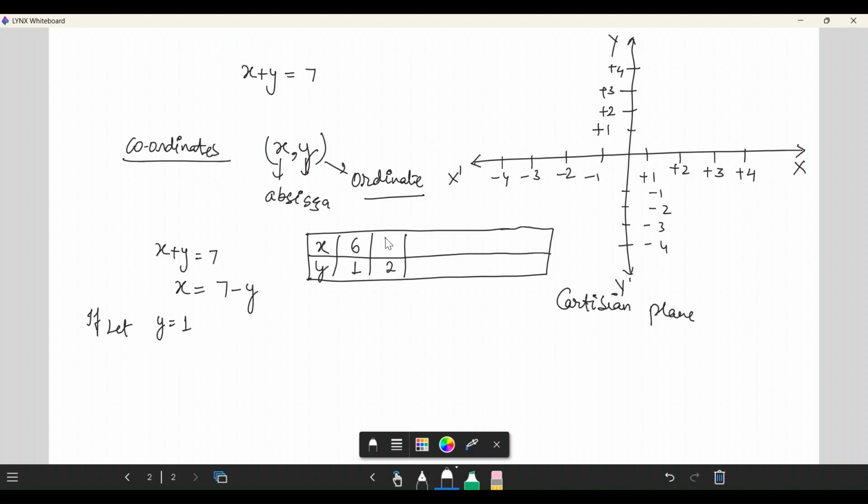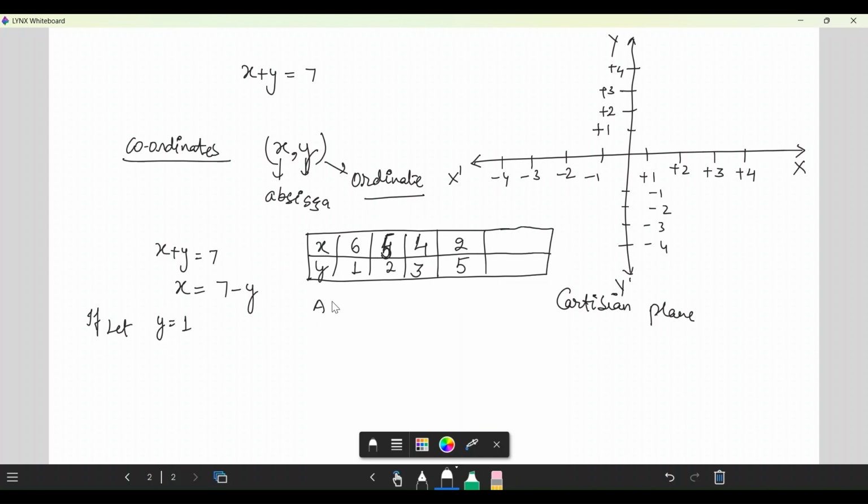If I put the value 2, then it is 5, not 4. If I put 3, then x will be 4. If I write 5, then x will be 2.